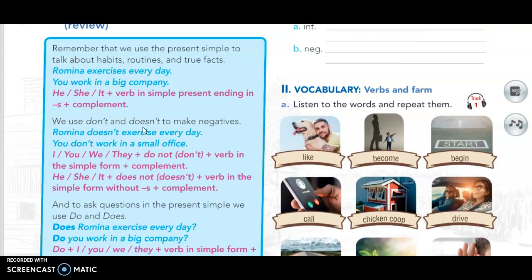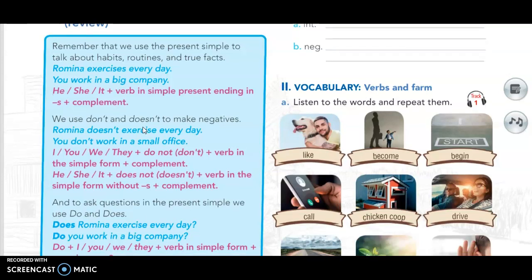Listen to the words and repeat them. Yo les voy a repetir estas palabras.